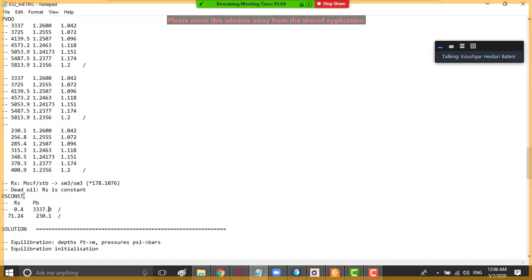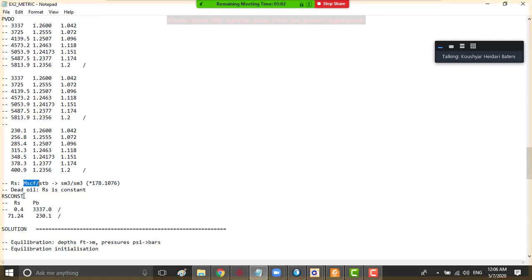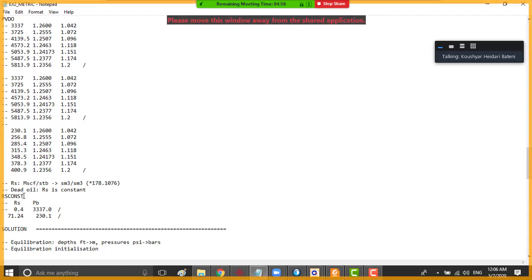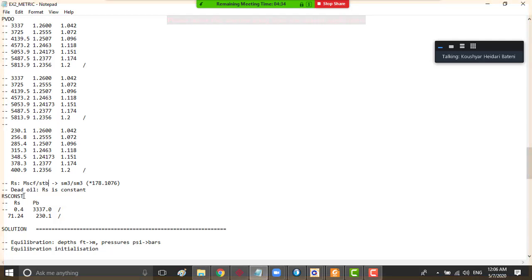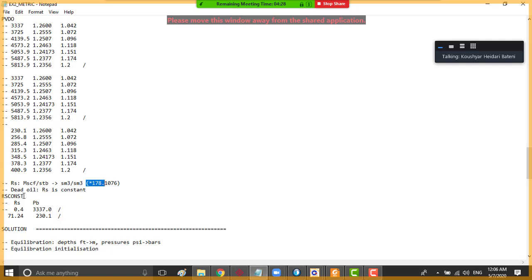Now, if you want to convert this unit for RS, which is MSCF over STB, to the metric system unit for RS, which is standard cubic meters over standard cubic meters, then you have to multiply the value you have for RS in the field system by 178.1076.